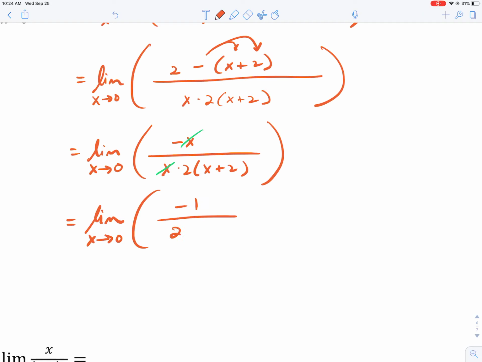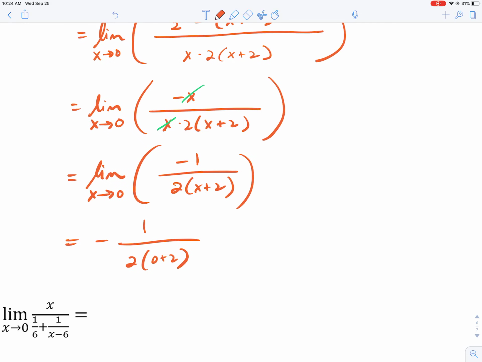So that's negative 1 over 2 times x plus 2. You can use direct substitution now. So we get negative 1/4. I'm going to go to the right just because I'm running out of room. So negative 1/4 for that limit.